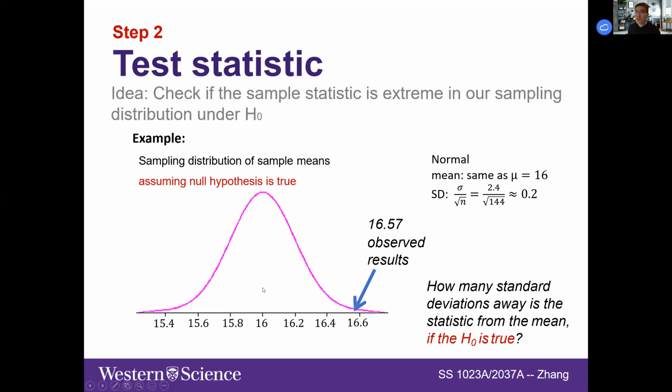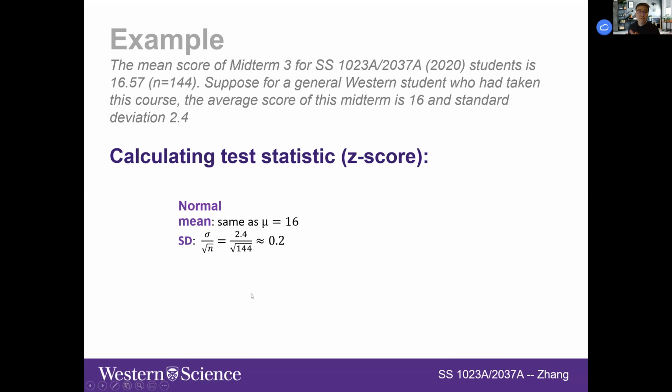Which means we're going to calculate the z-score. The z-score has a fixed formula, right? It's our value minus the mean of the distribution, divided by the standard deviation. In this case, we get a z-score of 2.8.